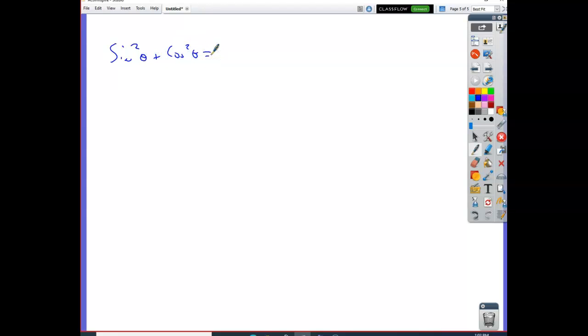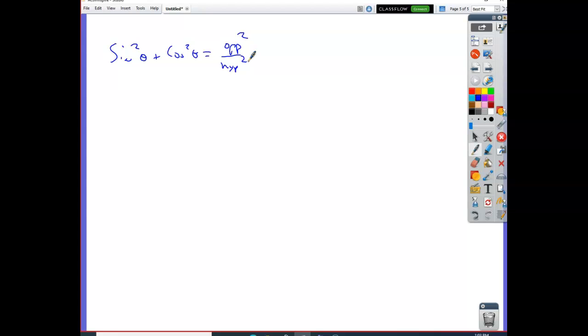Well, sine is what? If you're talking about a right triangle, what sides of the triangle are you talking about with sine? Opposite and hypotenuse. Opposite over hypotenuse, both of those squared, because it's squared.